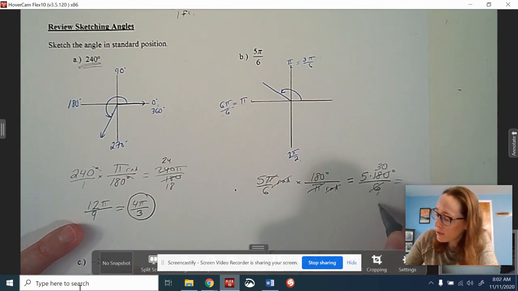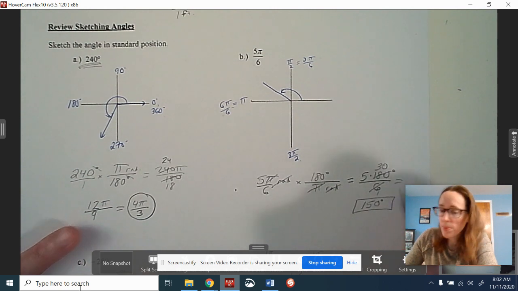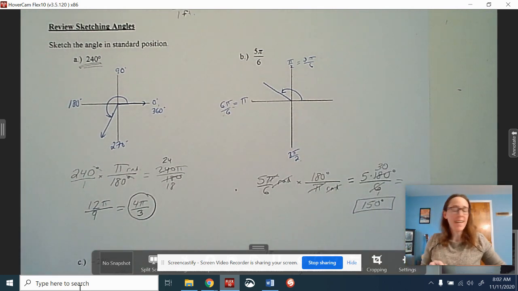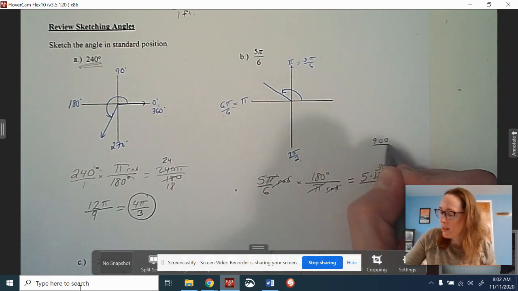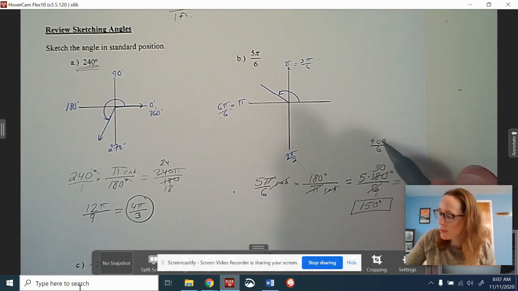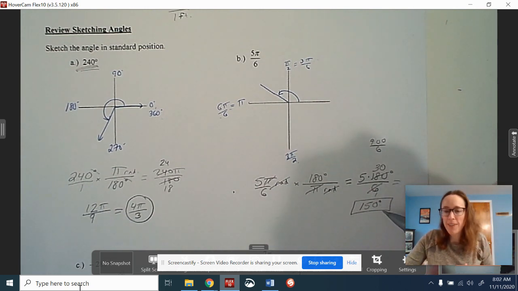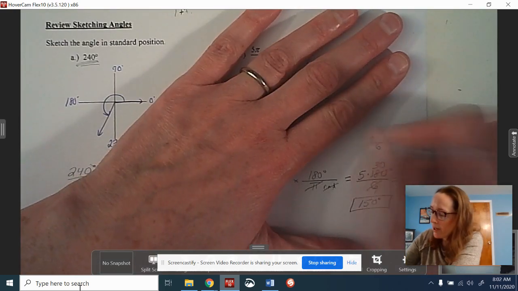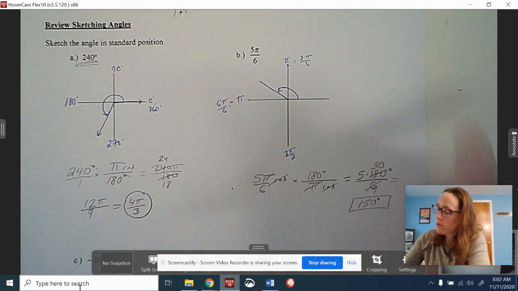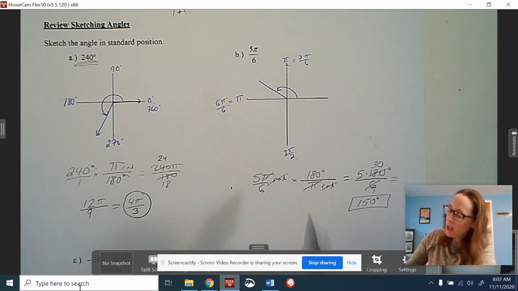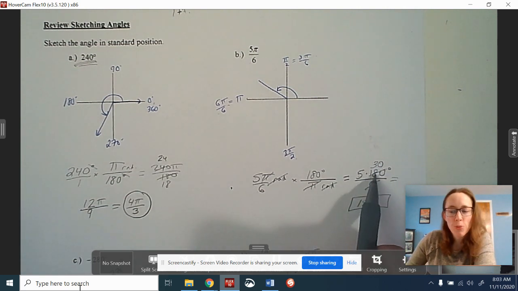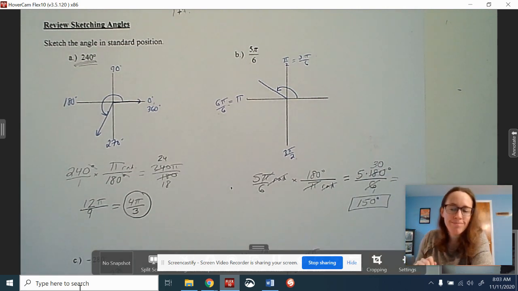I can do 5 times 30 in my head, and I kept this a much nicer problem. If we had done 5 times 180 first, what we would have had is 900 over 6. So it's not wrong to do 5 times 180, but you're going to have much larger numbers, and you're still going to get 150 anyway. So what I would recommend is when you are doing this type of arithmetic, don't multiply those numbers in the numerator, because you're going to try to reduce anyway.